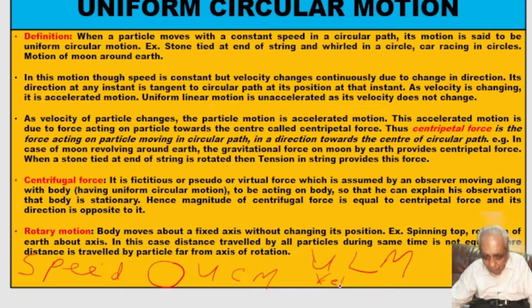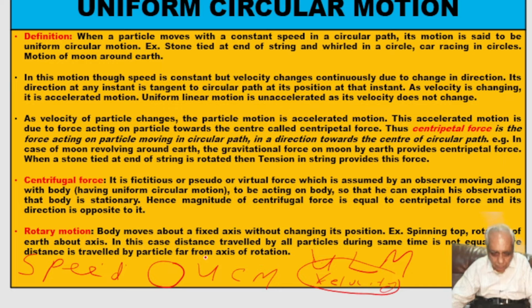It is moving along a straight line, so it is uniform velocity. In case the velocity of the body remains the same when it is moving in a straight line, we call it uniform linear motion, and in case the body is moving along a circle with constant speed, we call it U.C.M.